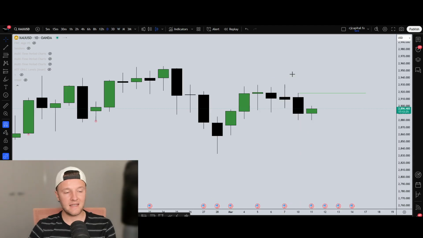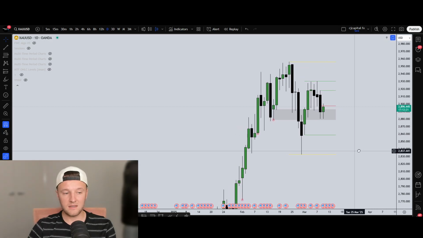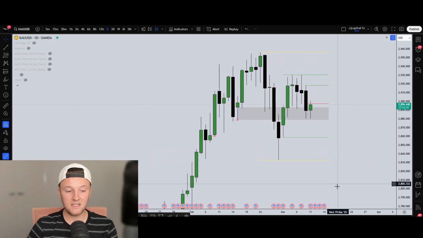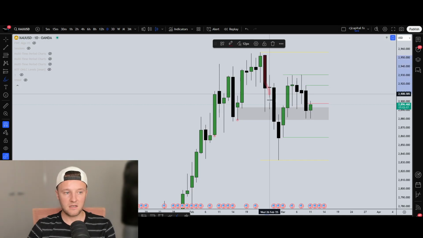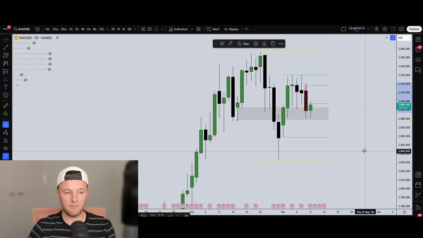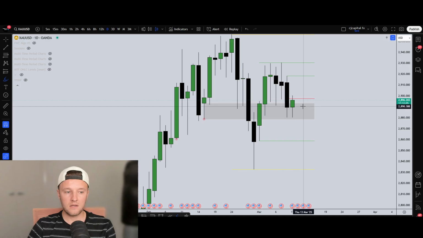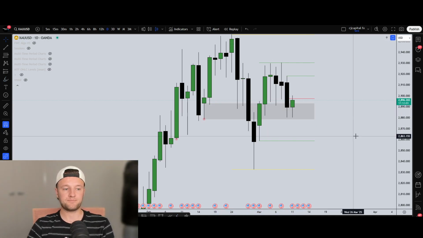Looking at the daily, yesterday's daily candle, for me, the structure and the momentum on the daily time frame is bearish based on this move down. Price retraced, found resistance here, rejected, and now we're having the bearish momentum candles coming in. You can see yesterday's daily candle closing below the lows to the left here.